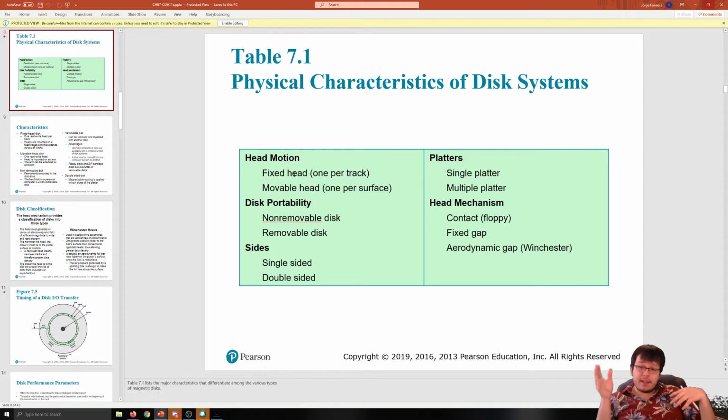And so ideally, with something like a hard drive, the way you can take advantage of that is, let's say you're watching a movie, you want to keep all of the movie in the nearby sectors, right? Ideally, you want to keep the movie flowing. Like in the first sector, you have the first second of the movie, then in the second sector, you have the second, and so on. Because then you're just spinning it and reading it as you go.